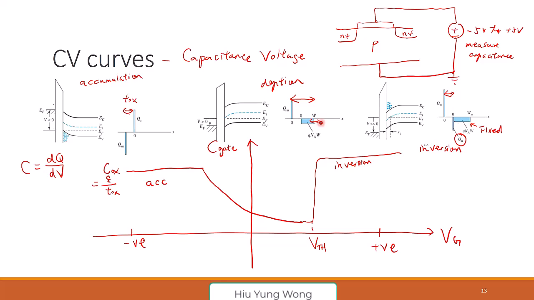Professor, what is that distance xi on the inversion chart? It looks like where it begins to invert. Oh, okay, I did not pay attention to this. This is just the depletion width. It's just saying that this is the width of the depletion, but you can ignore this one.